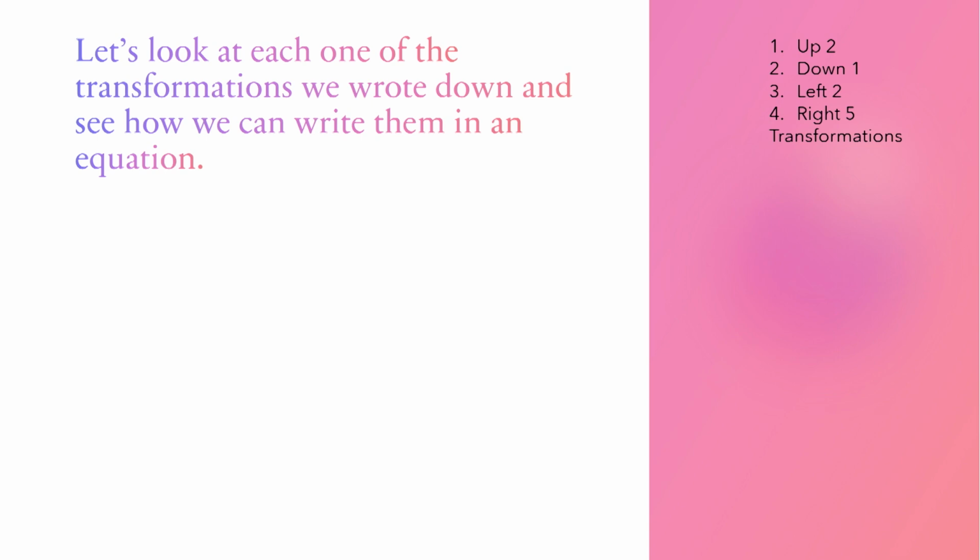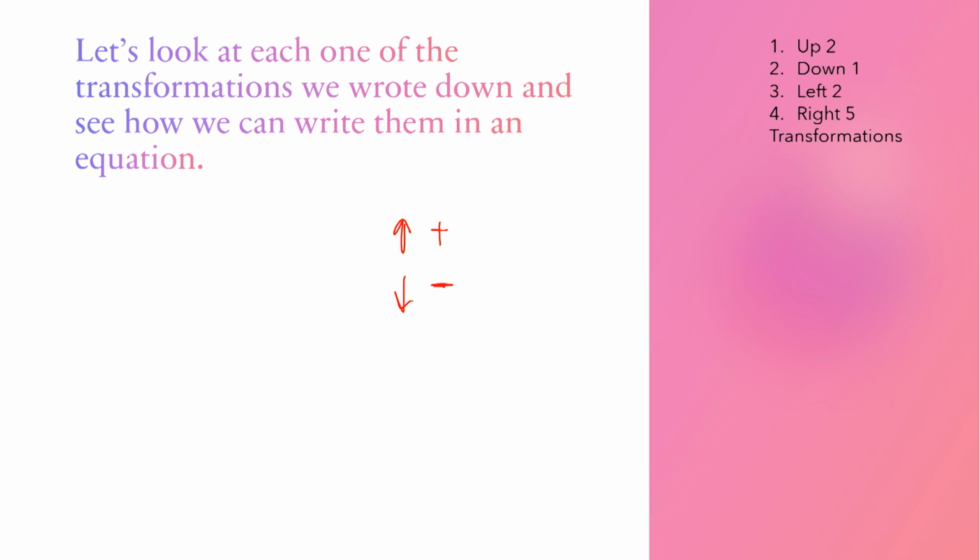All right, so let's look at each one of the transformations we wrote down and see how we can write them in an equation. If I go up, obviously I'm adding. If I go down, obviously I'm subtracting.